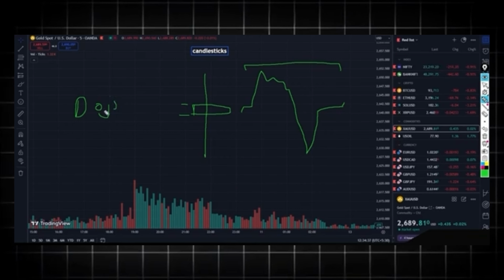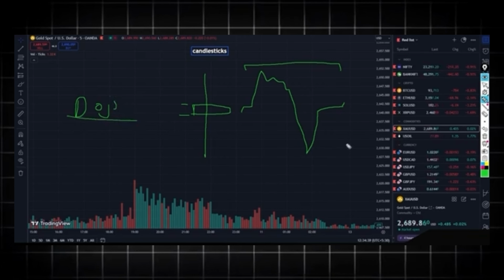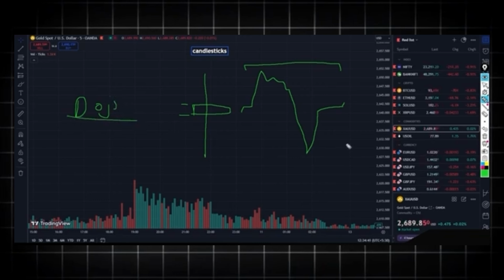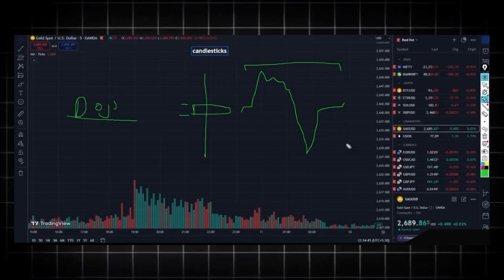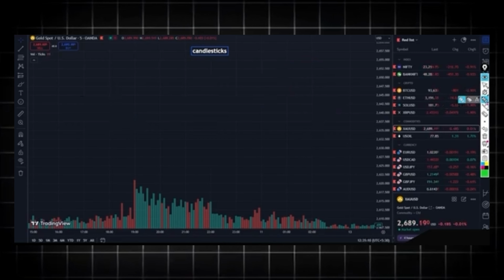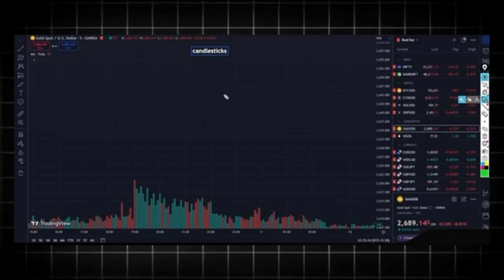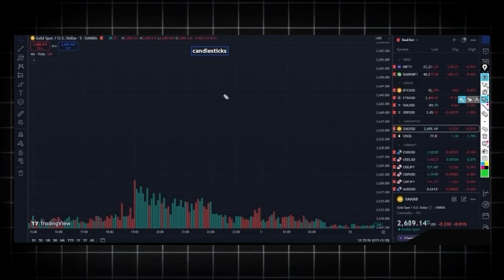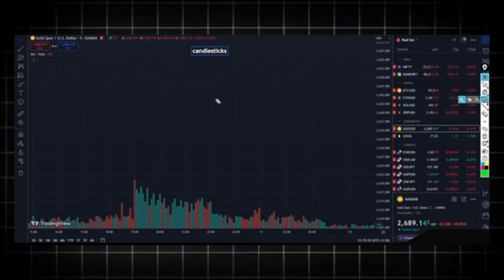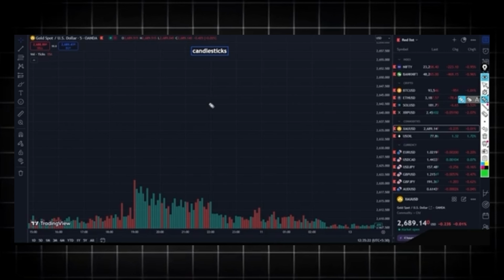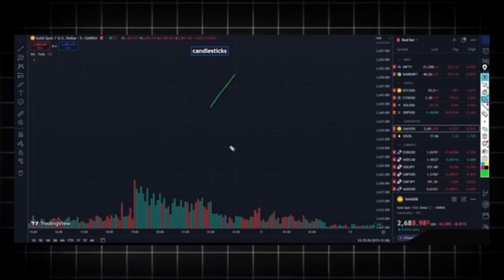Then it went down, then it crashed again, then it went up again, recovered, and finally came and closed somewhere here, right? So you know, the green candle, this will open, this will close, so let's lower it a little, let's raise it a little, right? So that means the price went up as well, then the price came and closed at the same place from where it opened. This pattern is called a doji.